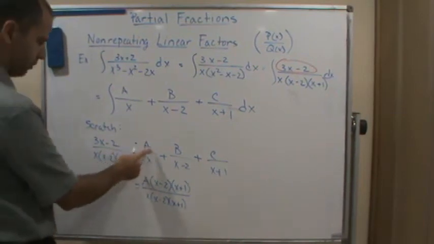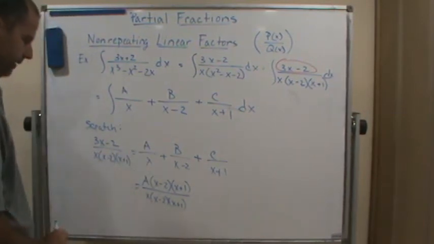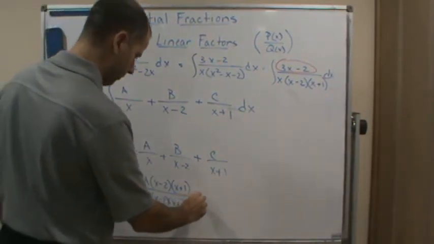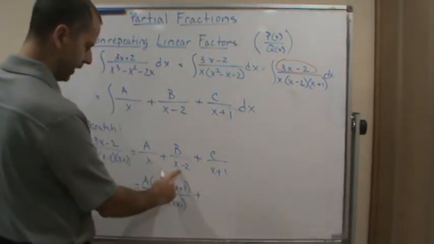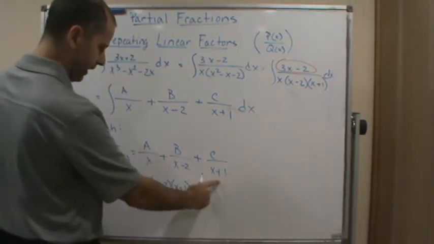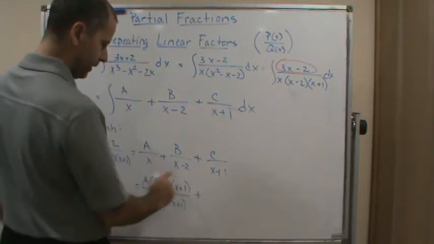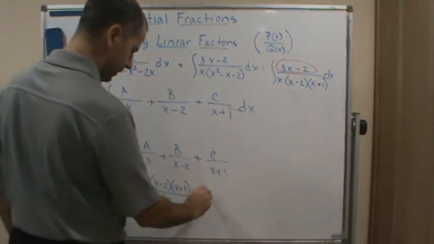So right, I just rewrote this one like that. And now I've got x minus 2, so I need an x and an x plus 1. So I'm going to multiply x and x plus 1 times b.